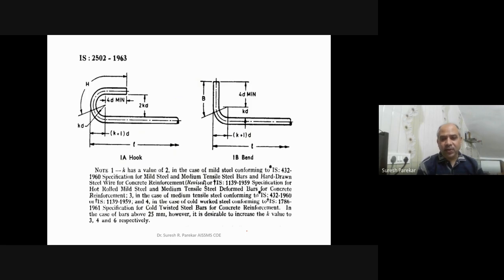This is given in IS 2502, and here they have mentioned this value as 2 in the case of mild steel, but for cold worked steel conforming to the code, that value we have to take as 4. So this K, which we are going to denote as R, we take as 4, because generally we have Tor steel.